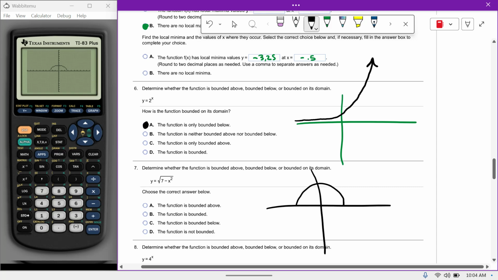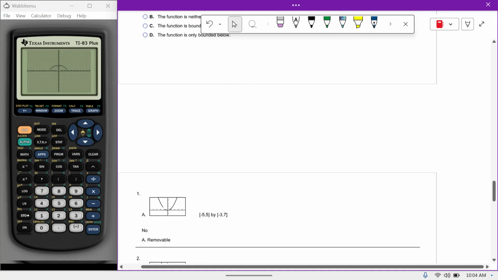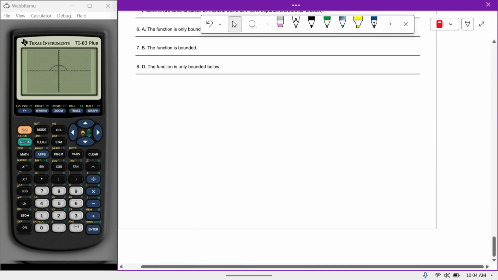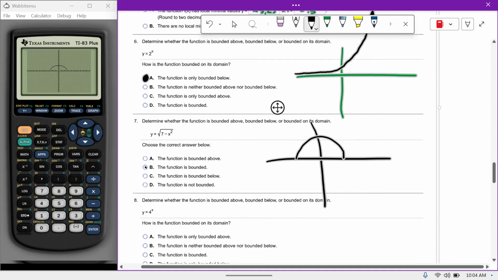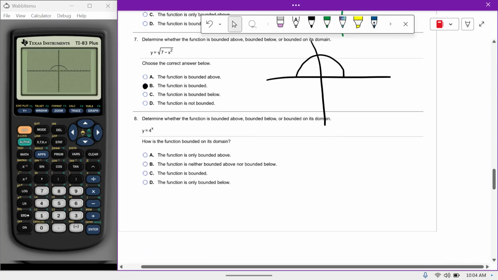It looks like this. Does it go up forever? Does it go down forever? So the function is bounded because it doesn't go up forever, it doesn't go down forever, so the function is bounded. I'm checking my answers because I don't use bounded very much.